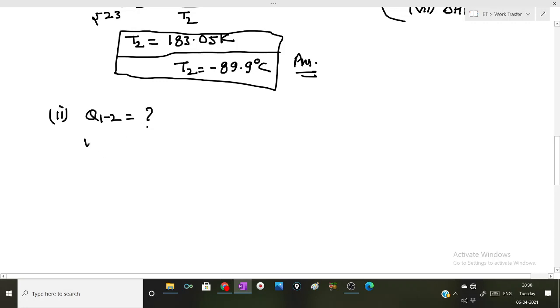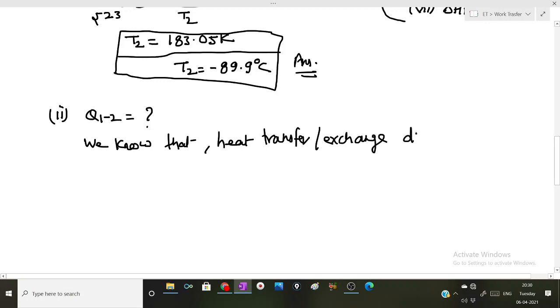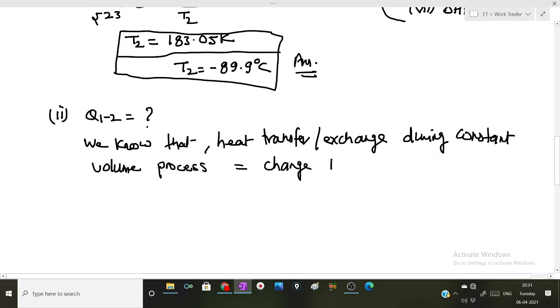So we know that heat transfer or exchange during a constant volume process is equal to the change in internal energy.